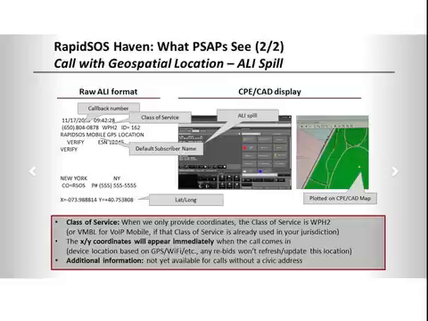You'll notice that instead of where we'll typically say Verizon or AT&T for the company name, whoever owns the tower, it says Rapid SOS, but otherwise it provides pretty much the same information as a phase 2 call.